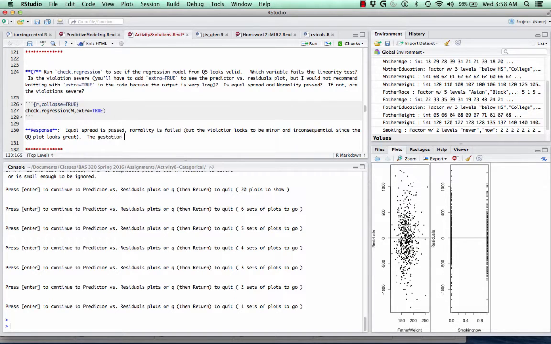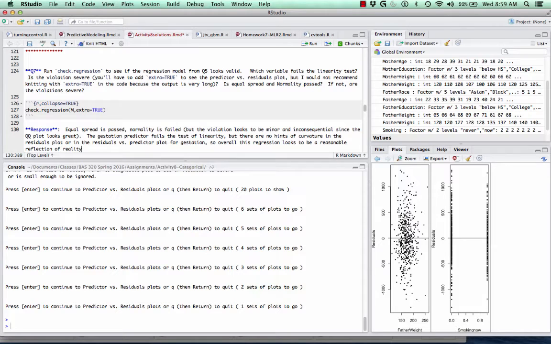The gestation predictor fails the test of linearity, but there are no hints of curvature in the residuals plot or in the residuals versus predictor plot for gestation. So overall, this regression looks to be a reasonable reflection of reality. All right, so pretty good.